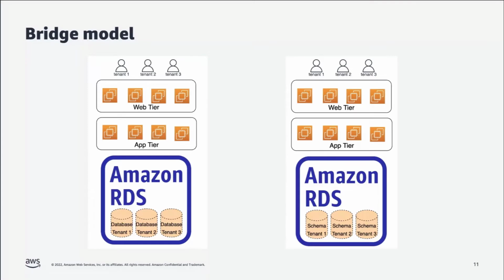It enables you to share database resources while providing tenancy isolation, and more importantly, achieving cost optimization and operational efficiency. On RDS and Aurora, you achieve this tenancy isolation by creating a schema per tenant or database per tenant. One important thing I wanted to highlight here: in MySQL, create schema is synonymous with create database.